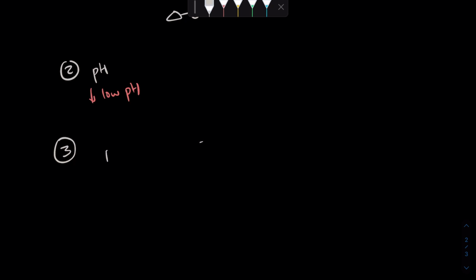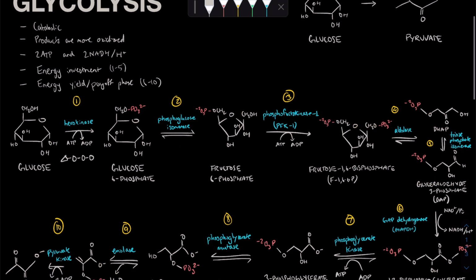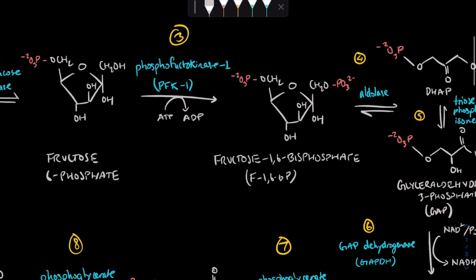So F6P, fructose 6-phosphate, can be used to make F26BP, the same way PFK1 uses F6P to make F16BP in step 3 of glycolysis. F26BP is the exact same as this, but instead of it being in the first position, it's going to be in the second position. That's all it is, but it plays a completely different role, right?